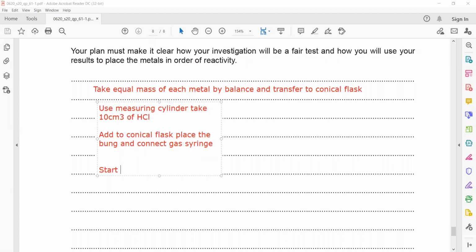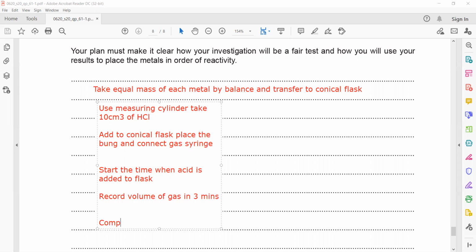Start the timer when acid is added to the flask. And record the volume of gas in 3 minutes or 5 minutes.